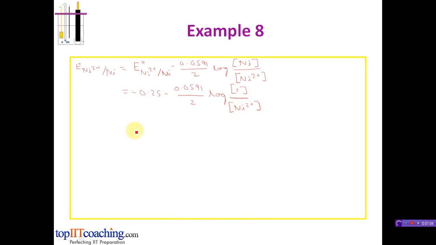0.0591 by 2 log 1 upon Ni2+, or minus 0.25 minus 0.0591 divided by 2. In fact, we'll write it as plus when we take nickel 2+ as the numerator instead of denominator.